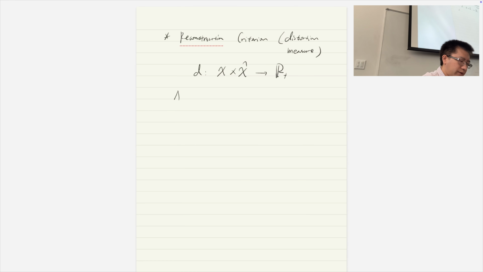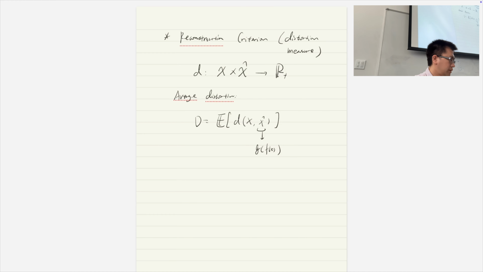And then we define the average distortion as the expectation of d(x, x hat), where x hat here is the decoded signal. As in our last example, let's say if we use the mean square error, if that equals to this, then our D will just equal to this.